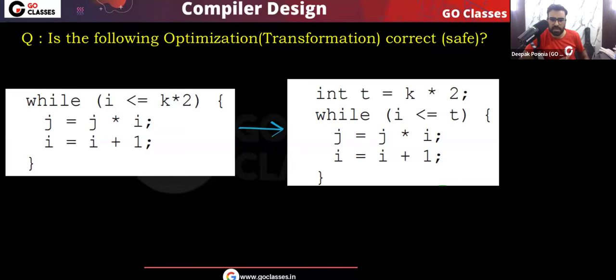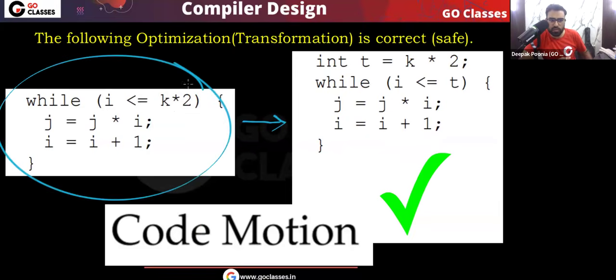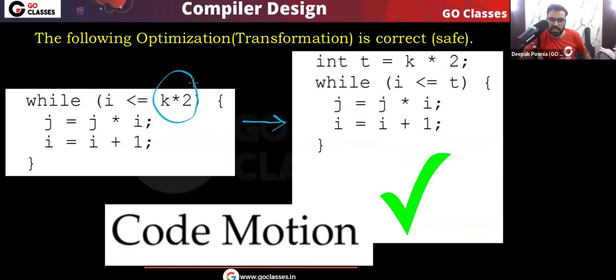Did you understand? Remember, this transformation is correct, and let me tell you, this optimization is called code motion, because we are moving the code from this loop to outside. The reason is simple: the result of this expression is not changing when this loop is running.